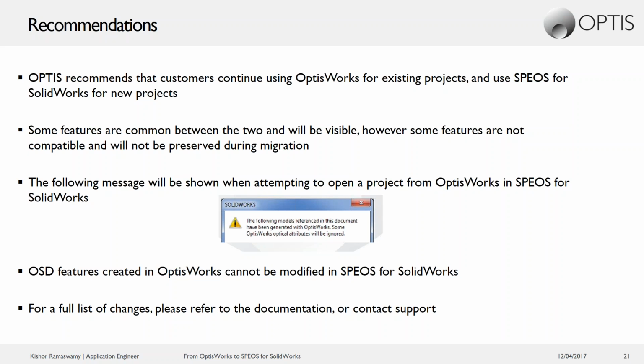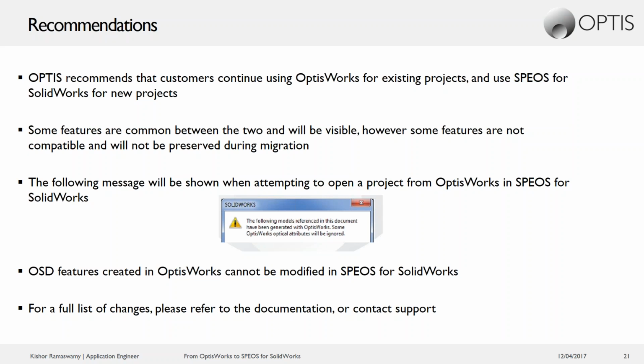The main reason for this is that while there are some features in common between the two, which will be visible, there are some features that are not compatible within SPEOS for SOLIDWORKS and OPTISWORKS, and these will not be preserved during a migration.